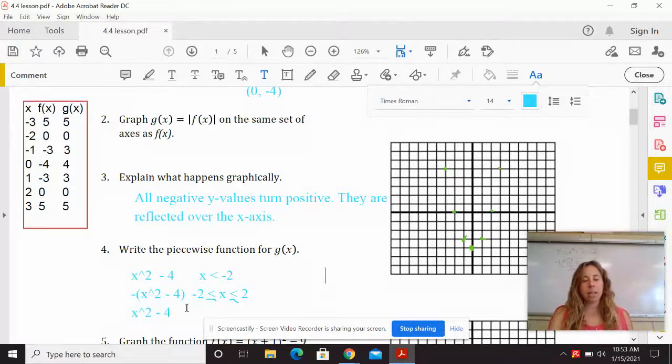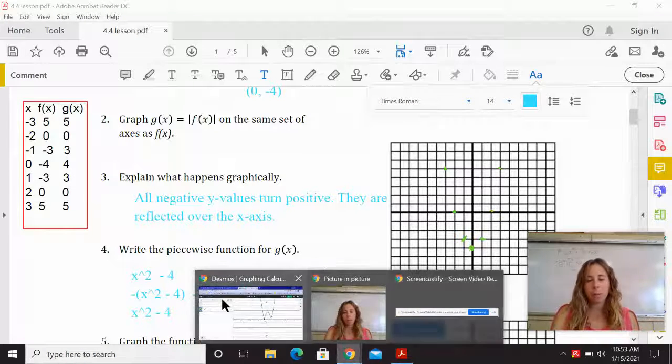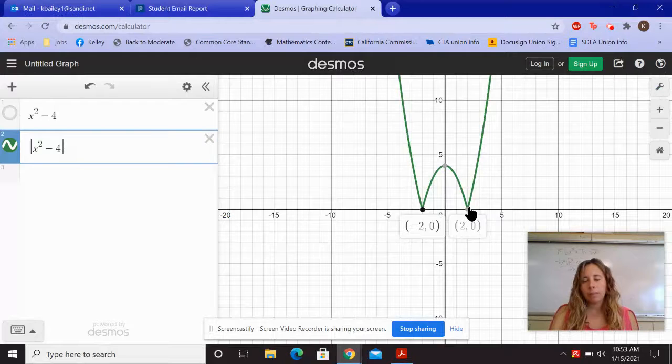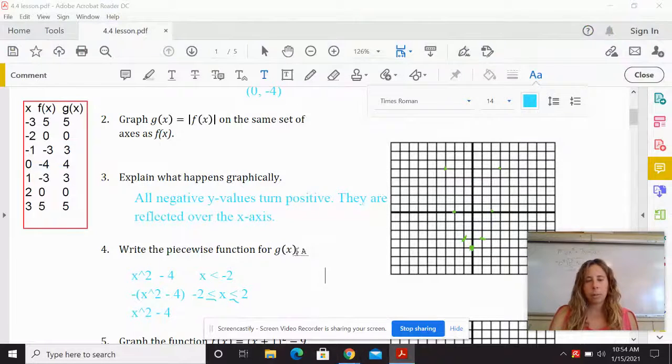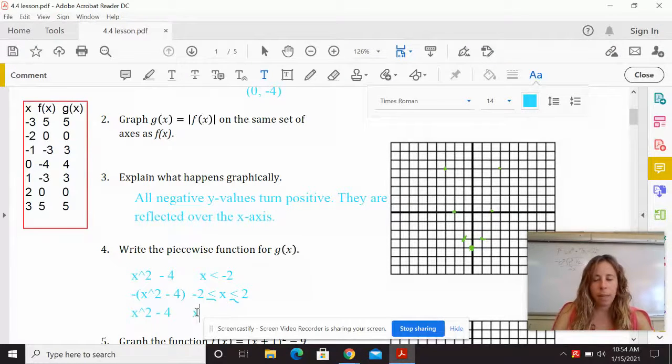Okay, and then the last section of your graph, one more time, to Desmos we go. So it hits 2 and it switches again. So it switches at -2 and then it switches back at 2. So this one is going to be x is greater than, what do you think?